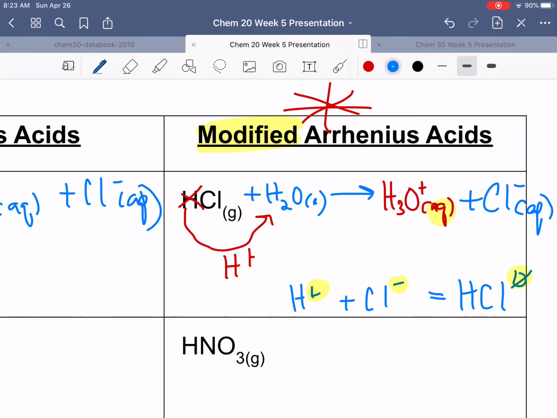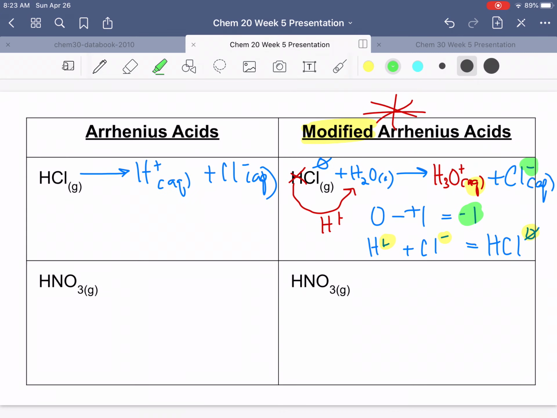If hydrogen chloride gas had a charge of 0 and I take away a positive 1, 0 minus positive 1, then of course I'm going to get a negative 1 charge. And that negative 1 charge is what is on that chloride ion. You're going to have to pay close attention to those charges, okay? It's going to come into play, especially on the assignment. All right. Notice the difference though, reaction with water. That's a big deal.